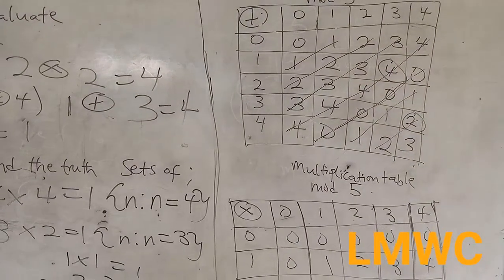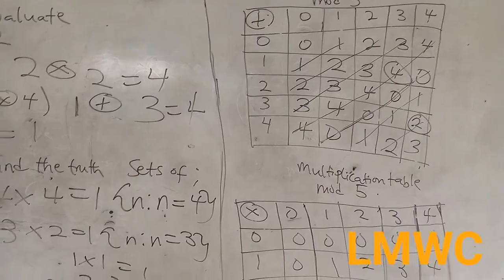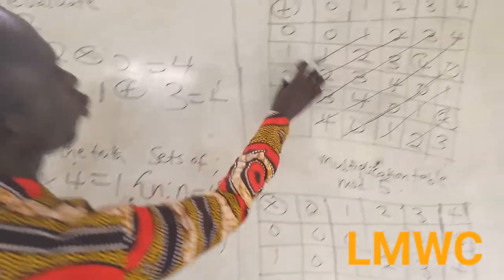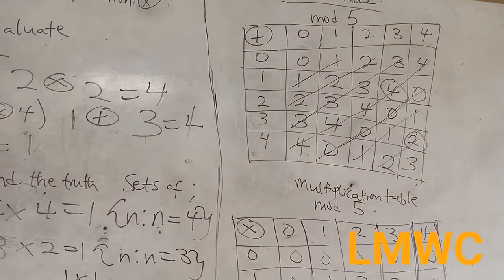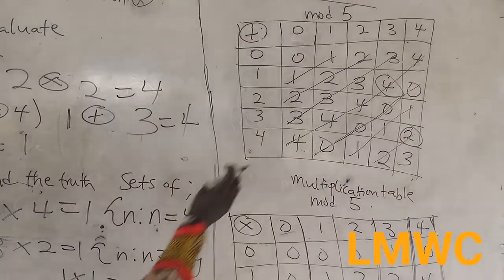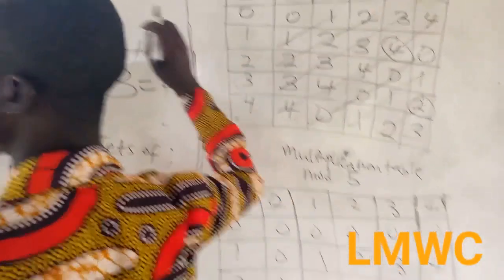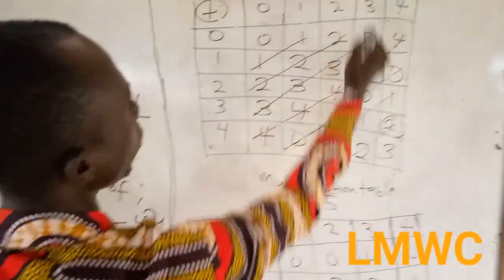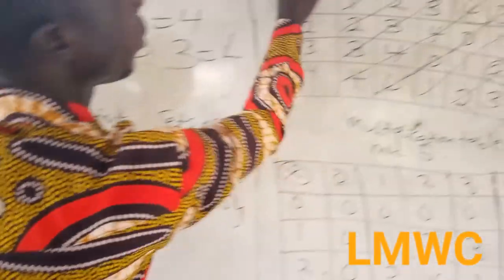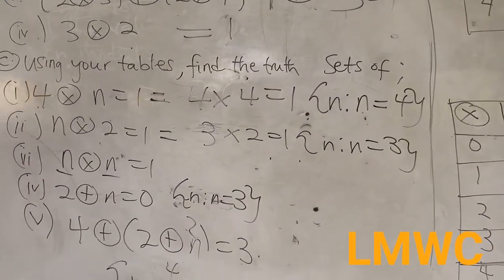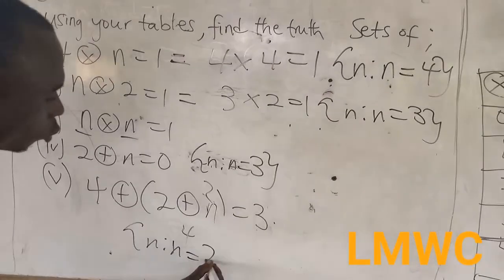This means we are not getting this answer, so we cannot choose 1. Let me choose 2. 2 plus 2 is 4. 4 plus 4 is 3. So this means the value for n is 2.